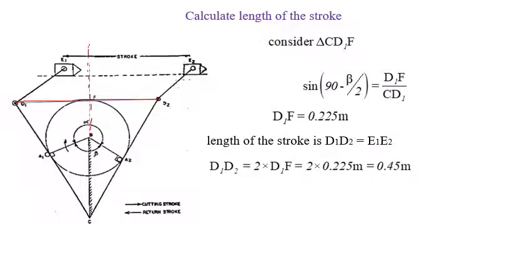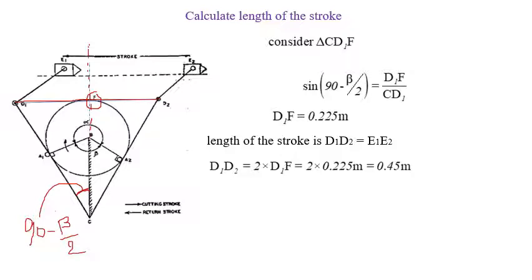Wherever these two lines intersect, I will call this F. So it forms a triangle CD1F. CD1F and CA1B become similar triangles. Therefore, for both triangles, this angle is common, that is 90 minus beta by 2.